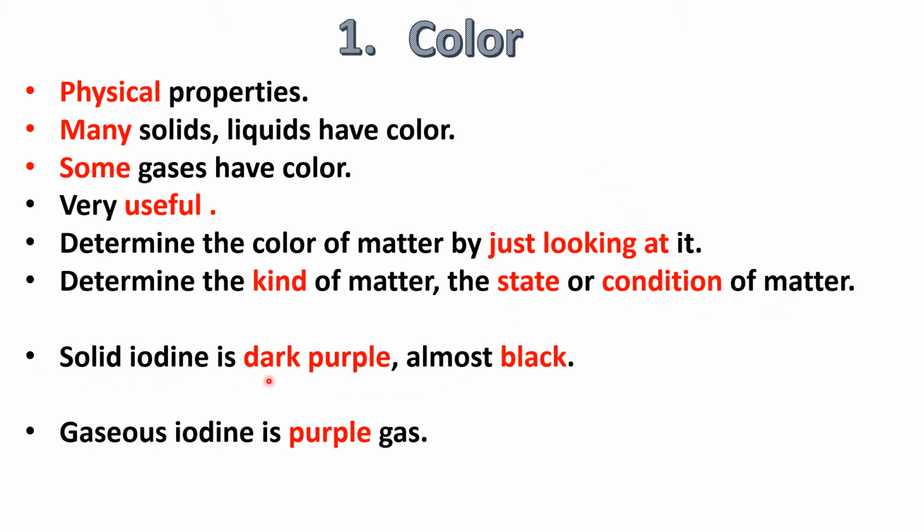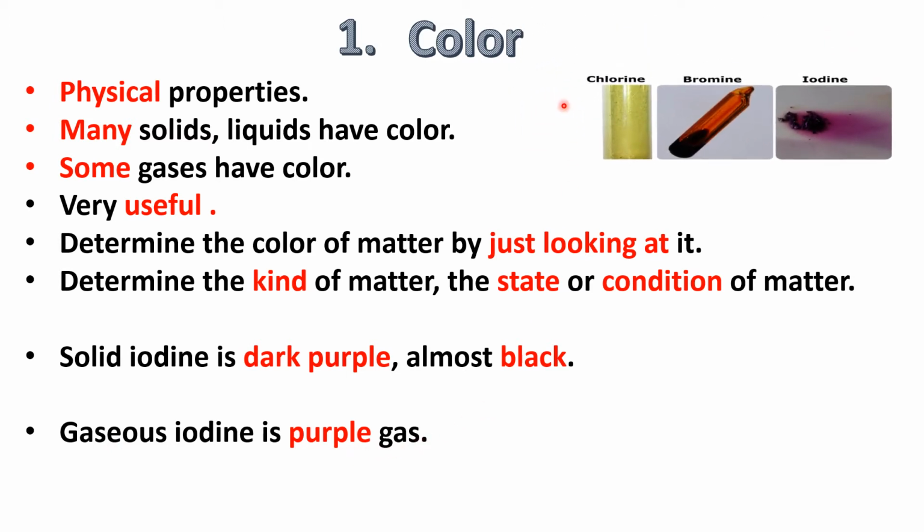Solid iodine is dark purple and almost black. Gaseous iodine is a purple gas. Here, chlorine, bromine, iodine. We can determine the matter by just looking at the color.